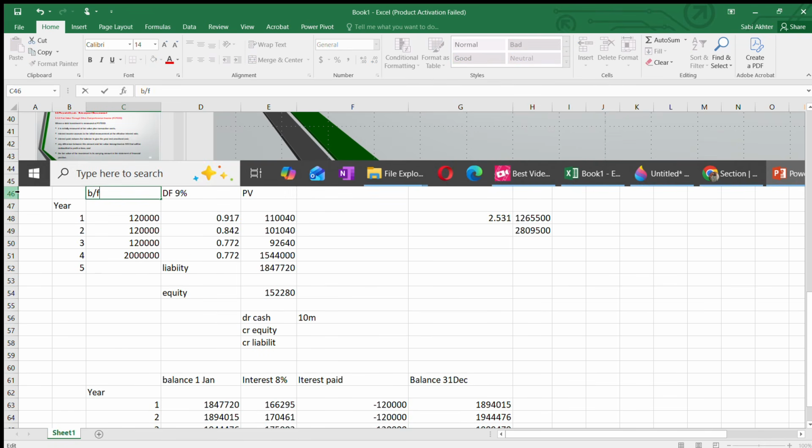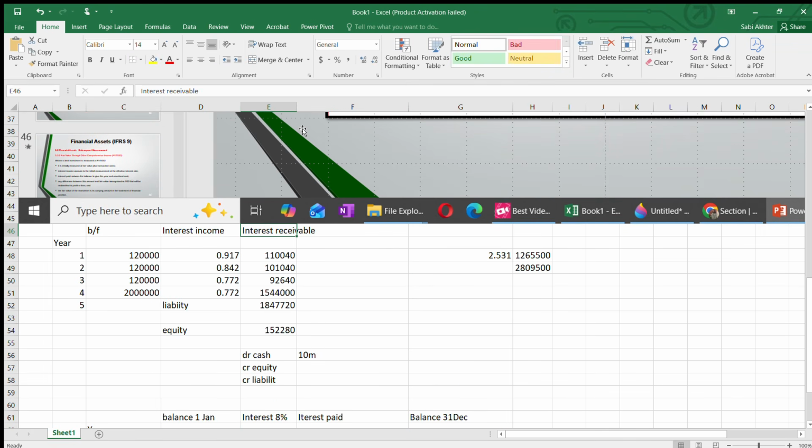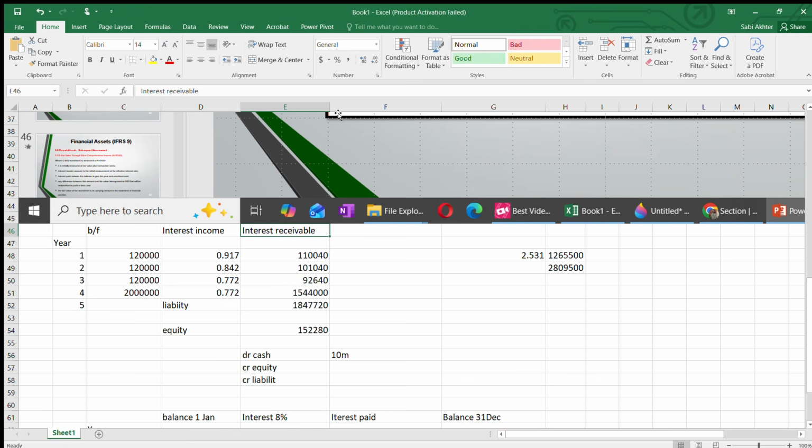This is the brought forward balance. And then we have the interest income here. And then we have the interest receivable. And then we have the carried forward balance.